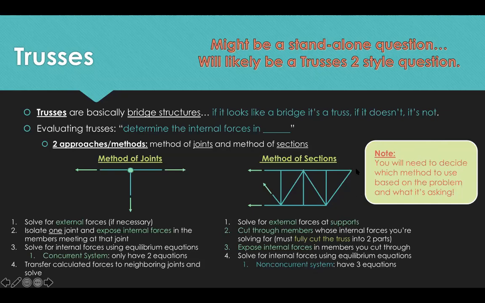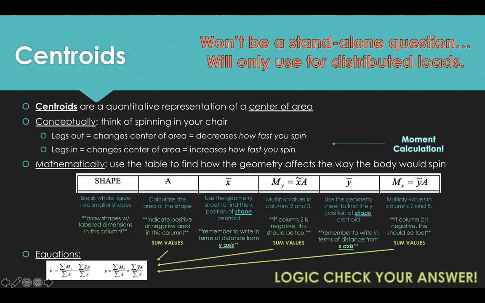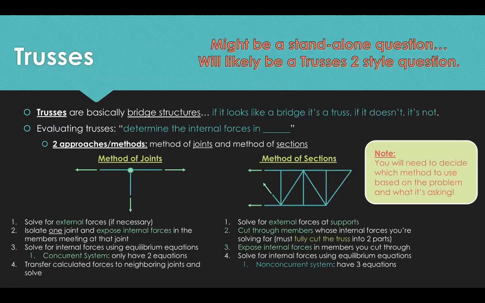No, so that would count. If the bridge was meeting some kind of land down here, then there would be external forces here, which means it cannot be 100% determined that they're zero force members. Okay, thank you. For sure. Anyone else?